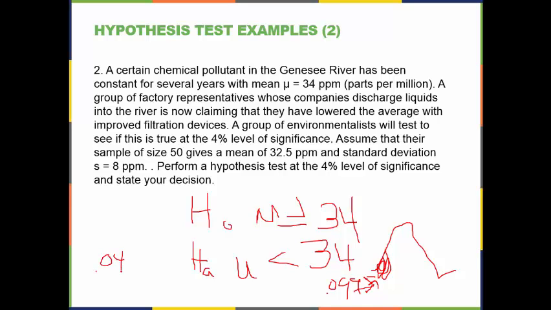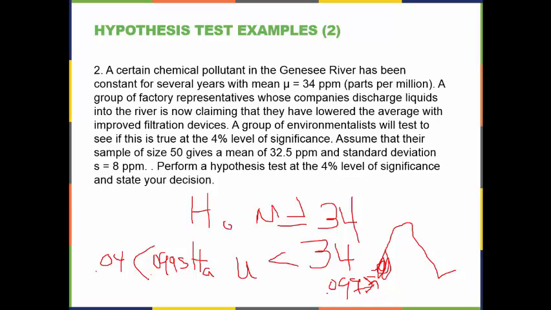So 4%, 0.04, is not 0.0955, it is actually less than, put the 0 in, right? So the problem is we really needed a p-value less than 0.04, and 0.0955 is much bigger than 0.04.